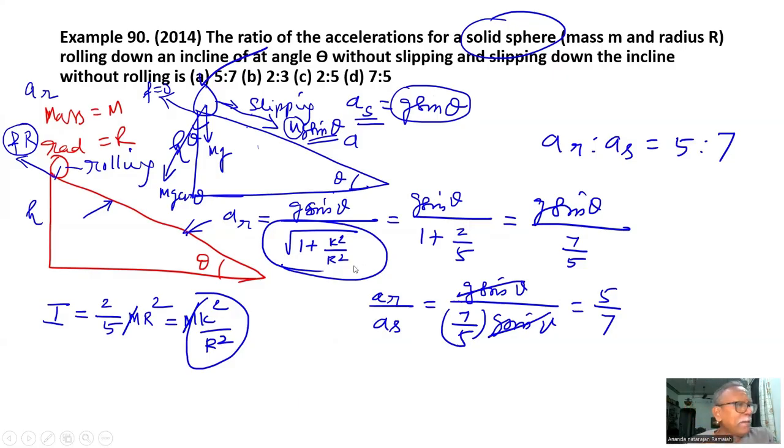For a disk, I equals 1 by 2 mr square. But this is not required here.